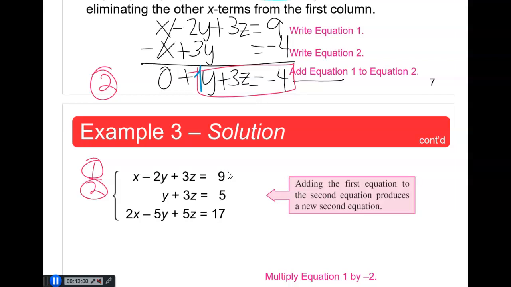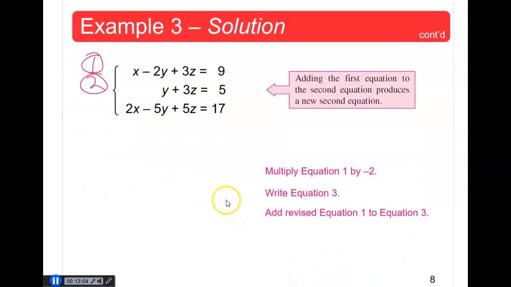Okay, so now we need to work with equation number 3 so that we can eliminate the x term, eliminate the y term, and then have this 5 turned into a number 1, because that is what we need to do.